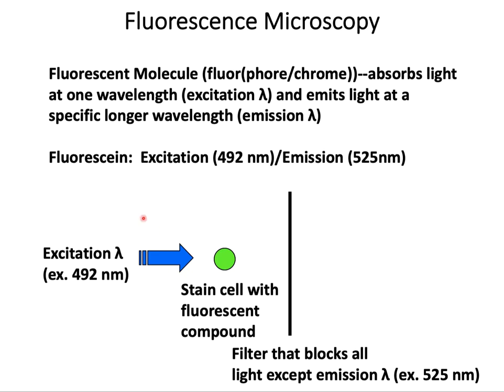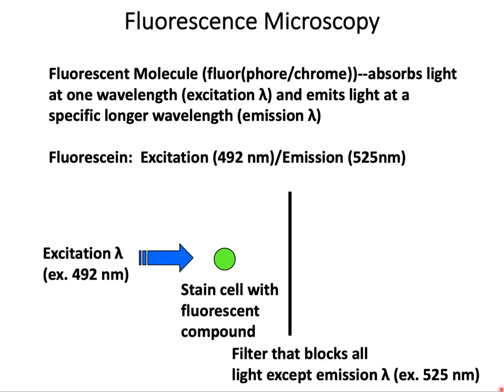So let's look at a very simple diagram of fluorescence microscopy, and then we will go into more detail later. This cell is stained with fluorescein, and the light for the stain is applied, which is 492 nanometers. Then all of the stain will fluoresce, emitting at 525 nanometers, which is the bright green range.